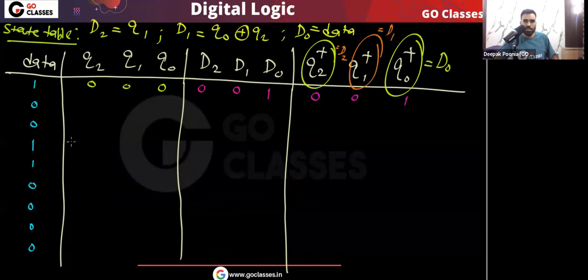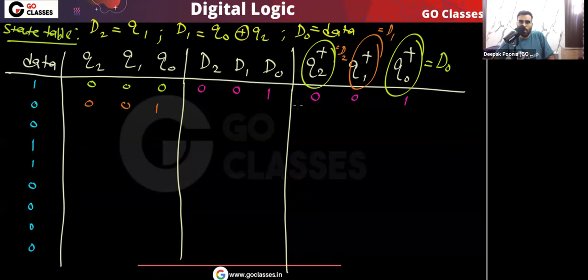Now remember, initially this was the state, and initially the data input was 1 in the first clock cycle. This was the present state, and this is the next state. Do you agree? Now in the next clock cycle, the data input is 0 and the present state will become 0, 0, 1.